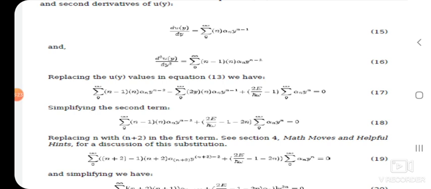Replacing n with n plus 2 in the first term.